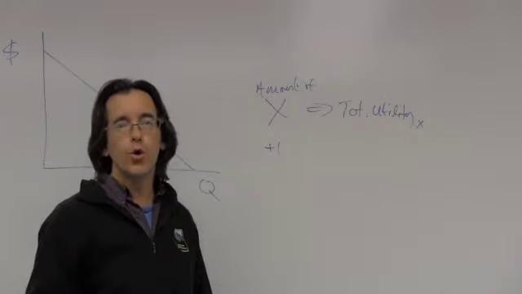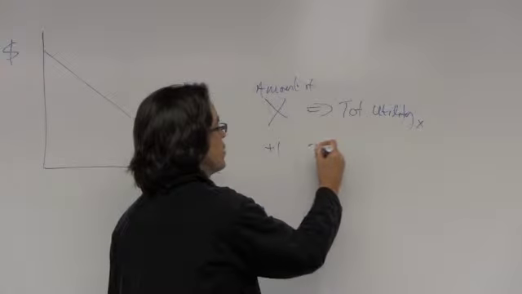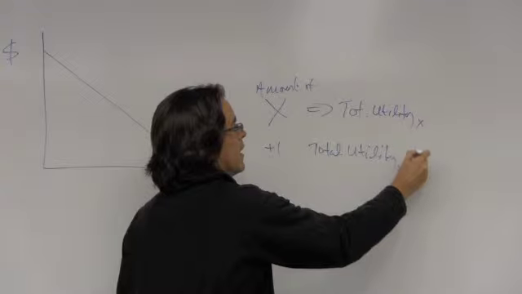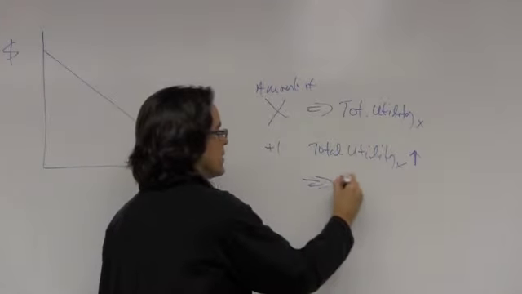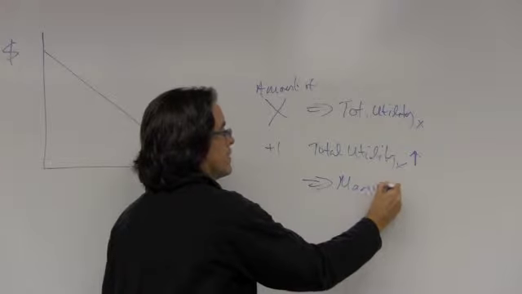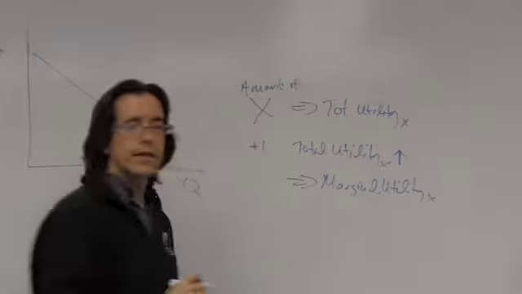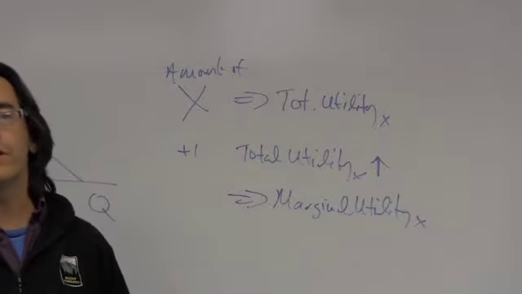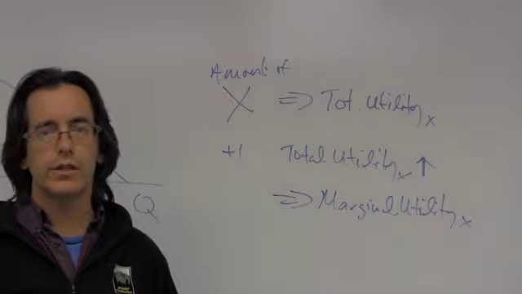Well, if we consume another unit of X, we increase our total utility of X a little bit. And so that gives us that marginal utility of X. So all marginal utility is telling us is if you increase your consumption of the good by one more unit, how much is total utility going to change?